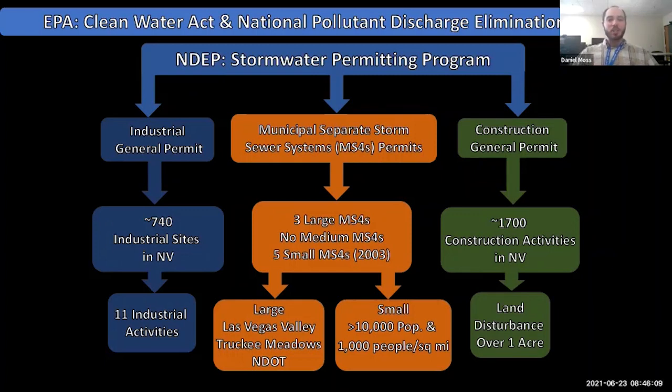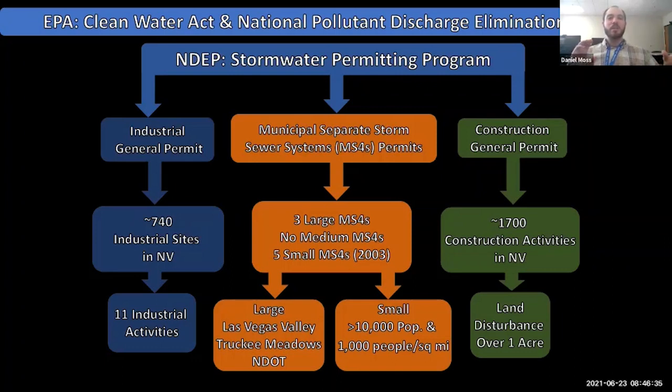We have the industrial general permit, which is now regulating a huge number of industrial sites in Nevada, and I'm sure that number has gone way up since this presentation was first created. And then what I focus on mostly is the MS4 permit, Municipal Separate Storm Sewer System.